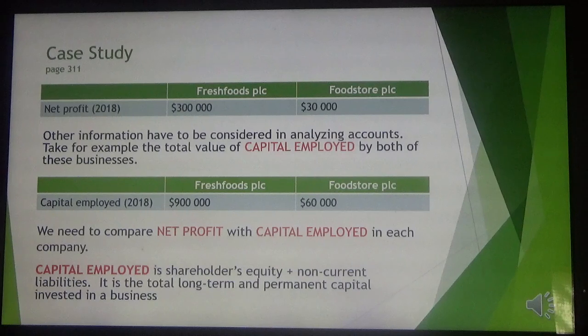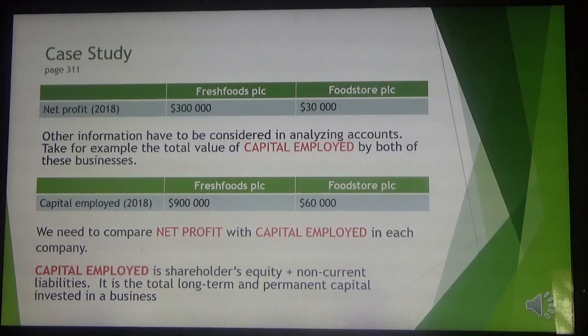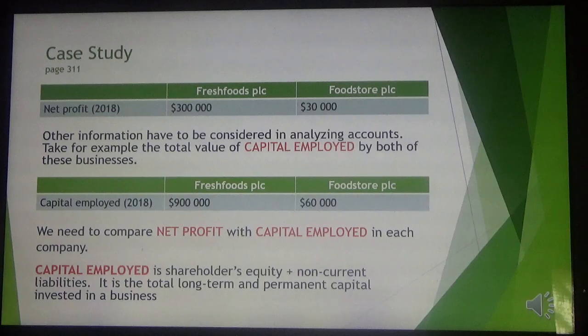But we may further ask, which company seems to have made more efficient use of the capital invested? We need to compare the net profit made with capital employed in each company. Food Store PLC has made $30,000 profit from an investment of $60,000, right?